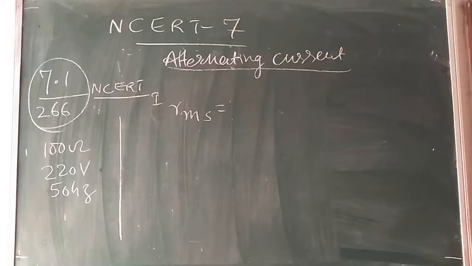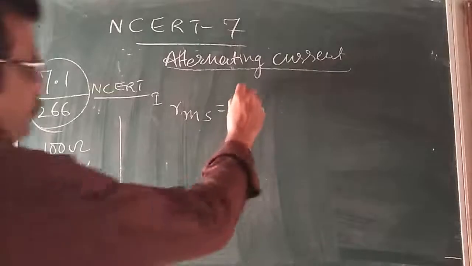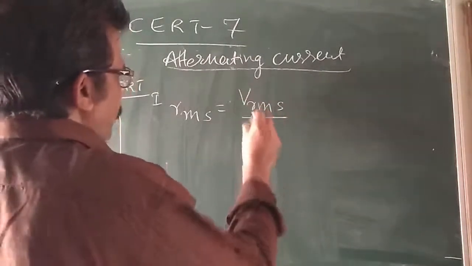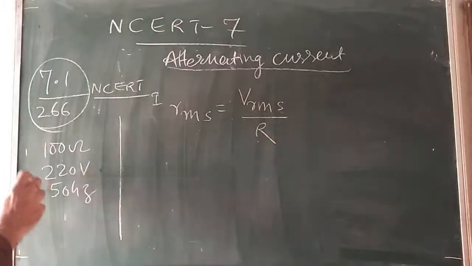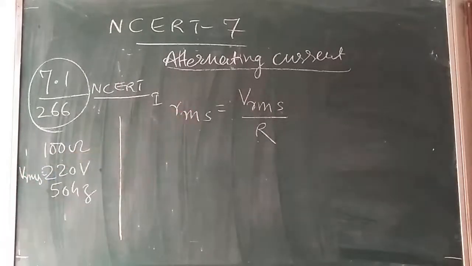So dear children, we know the formula for the RMS value of current, that is V of RMS by R, or we can write E of RMS by R. Here this is V of RMS, and this is the value of the resistor.